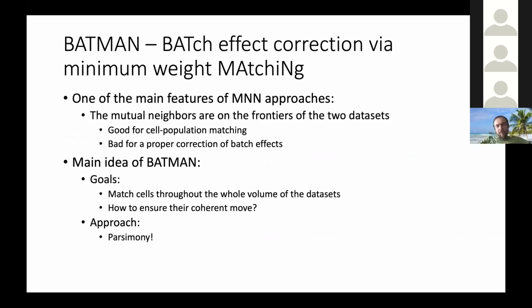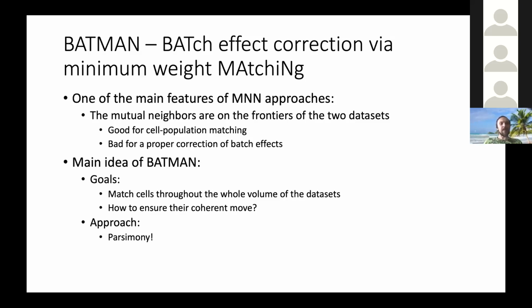So basically, my approach that I'm proposing is called BATMAN, and the acronym stands for Batch Effect Correction via Minimum Weight Matching. One of the features of these MNN approaches is that when we do the visualization of these anchor pairs, we will see that they generate anchor pairs basically on the frontiers of the two data sets.